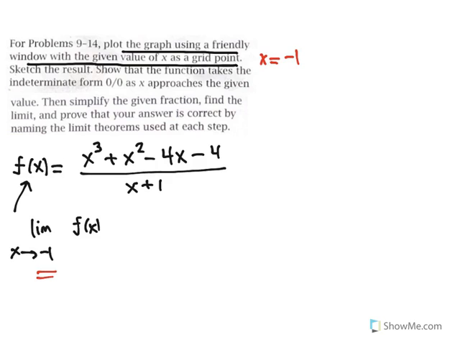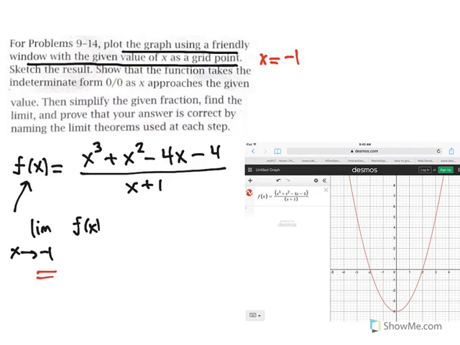So let's look at the graph first. Here we're looking at the graph of our function f of x, which has been entered into Desmos. The graph is a parabola. However, there is one point missing from the parabola, and that happens at x equals -1.